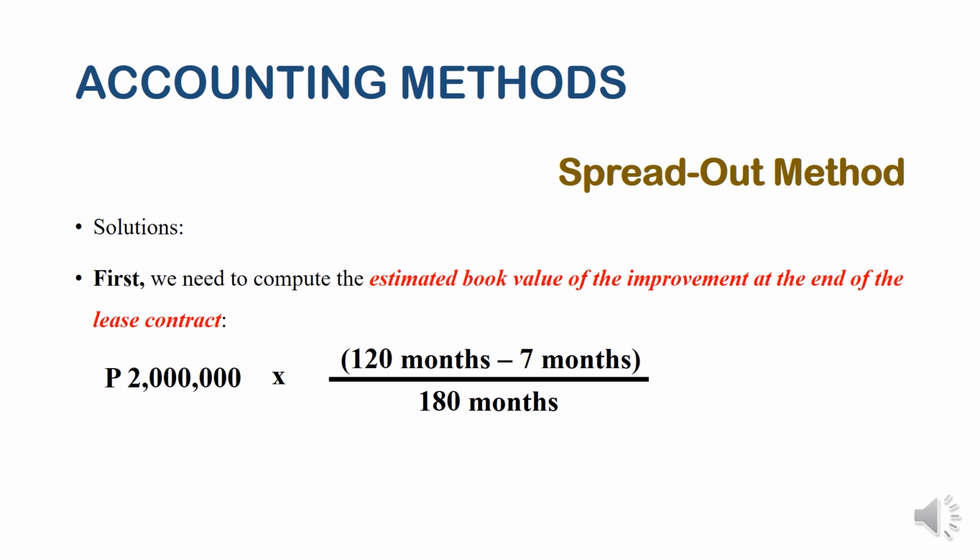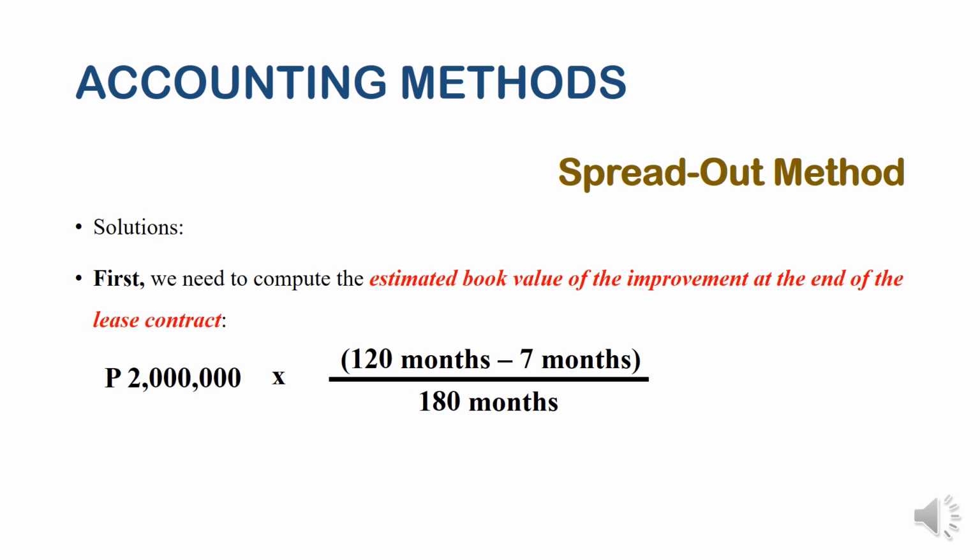Okay? So remember that the lease contract is effective for 10 years. Therefore, 10 years is equal to 120 months, right? Whereas upon completion of the improvement, there has been 7 months already that has lapsed, right?